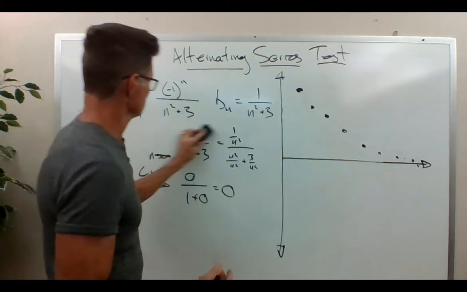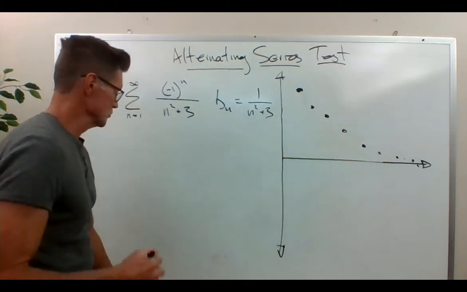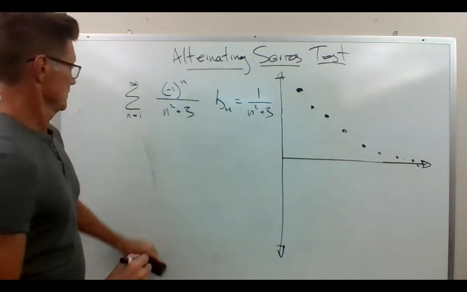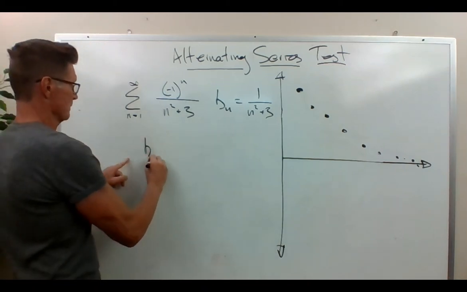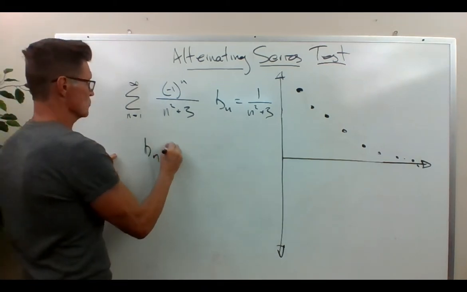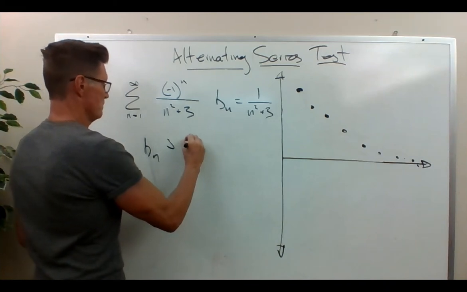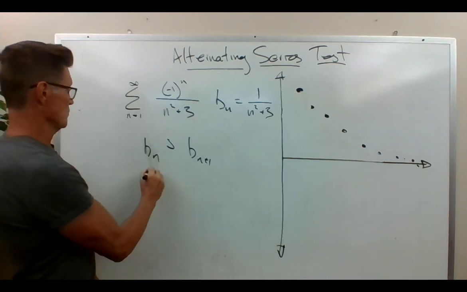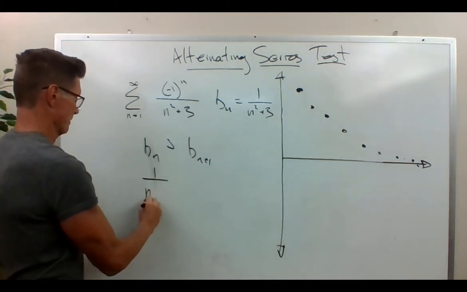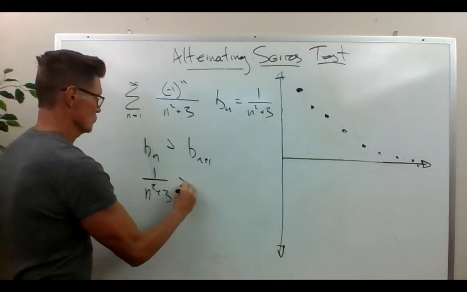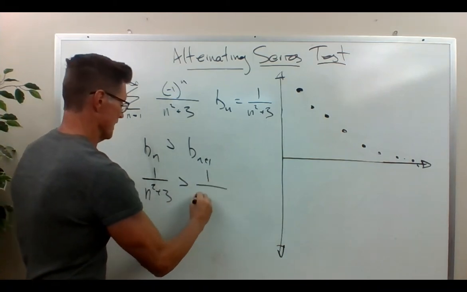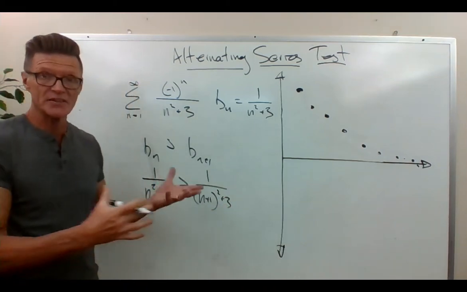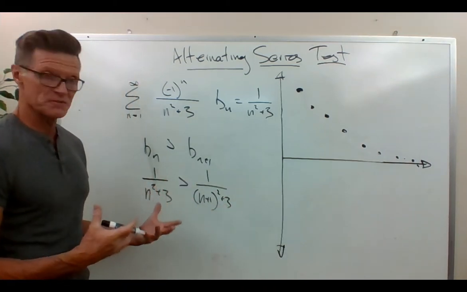So to do that, what we want to show is that b sub n, this term, is going to be greater than b sub n plus 1. And so the way to do that would be to take my b sub n and make it greater than 1 over n plus 1 squared plus 3. Again, this should look familiar. We've done this sort of thing before.